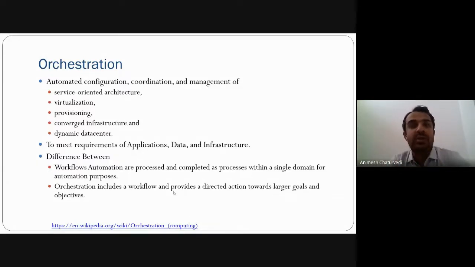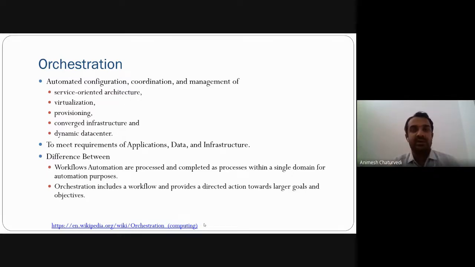Workflow mostly belongs to non-technical, but orchestration belongs more to IT-based engineering or IT services. So it deals with how the infrastructure should be, how the website should look, how the information could be filled out, how the database will be managed, how the scalability would be managed. So that's the larger goal of orchestration.